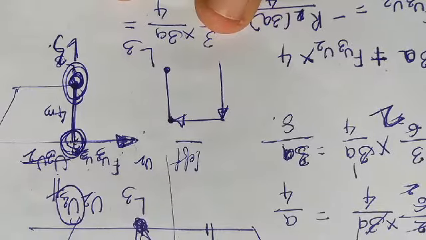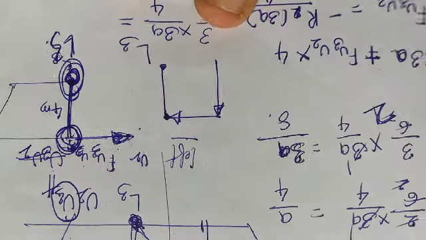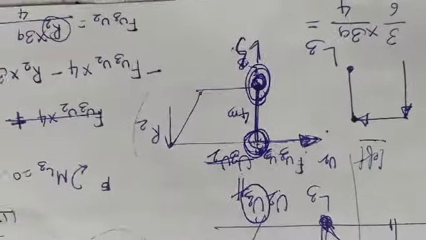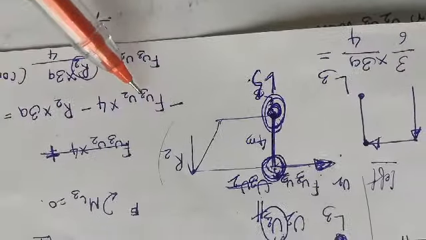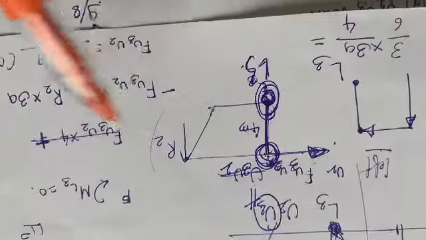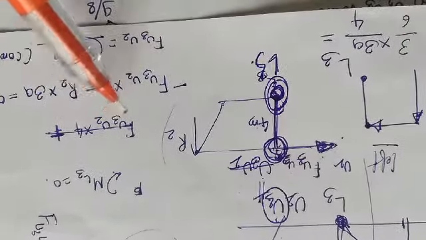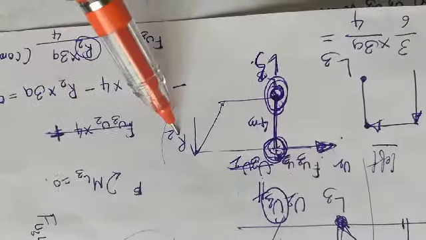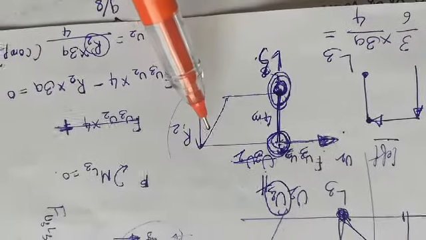So summation of the moments at L3 is given by what? Force in U2 U3 multiplied by 4, that is the height of the truss, clockwise positive, anti-clockwise negative, R2 into 3 times A. Why 3 times A?